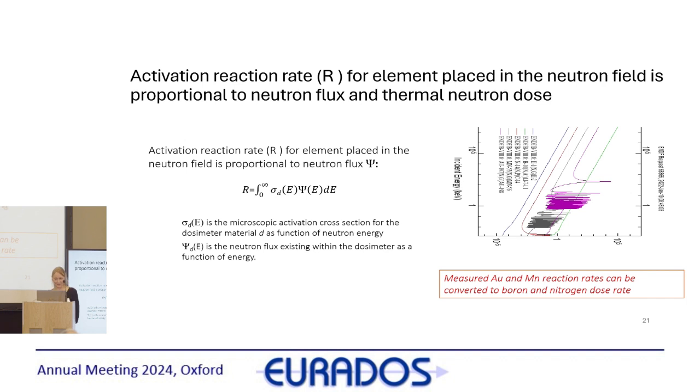Anyway, just one point, like I have shown already, the neutron activation reaction rate of these materials in neutron field are proportional to neutron flux and also thermal neutron dose if you use thermal neutron sensitive materials.